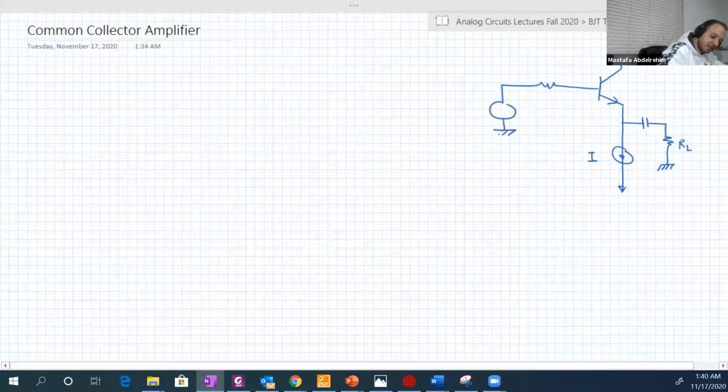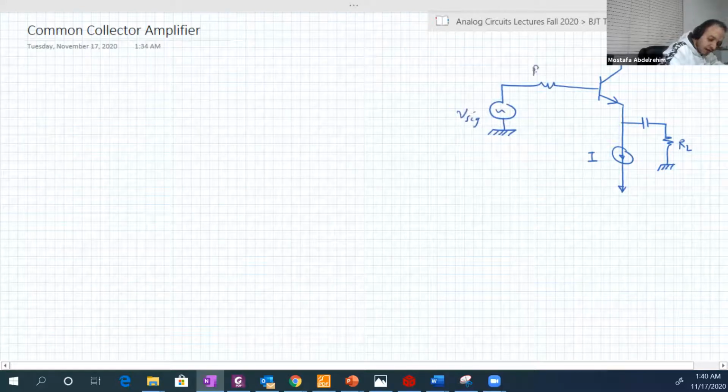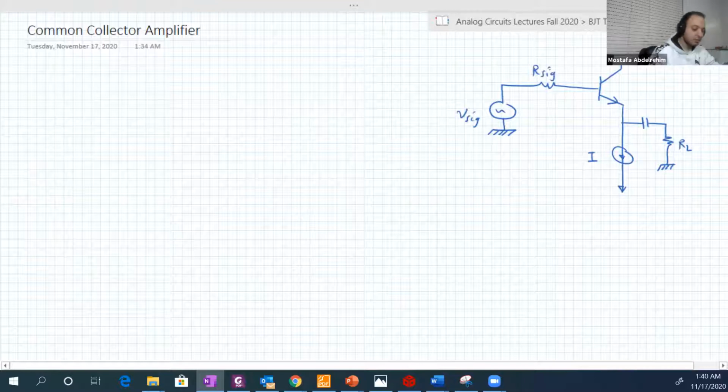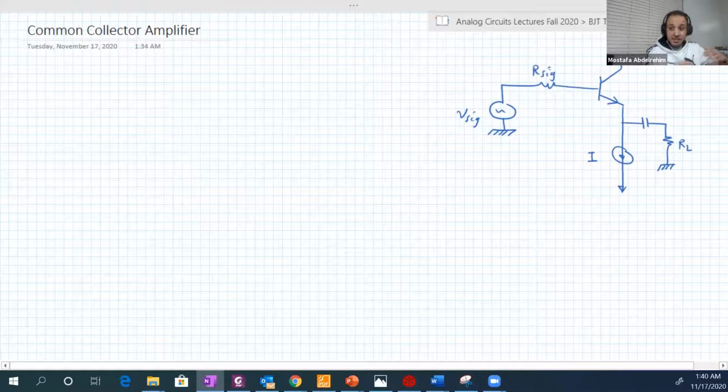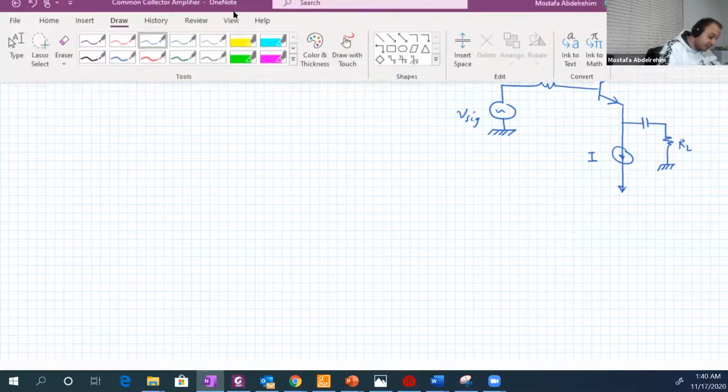This is a simple example for a common collector. We have here the input at the base.